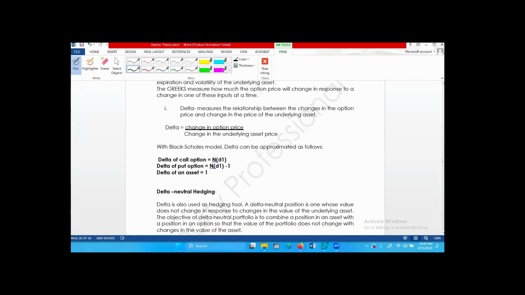A delta neutral position is one whose value will not change in response to changes in the value of the underlying assets.